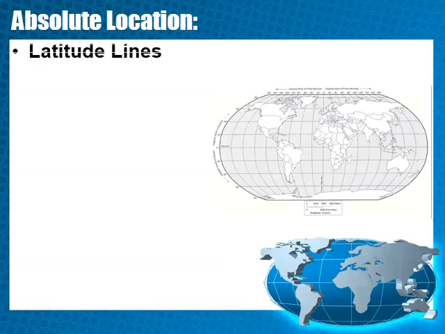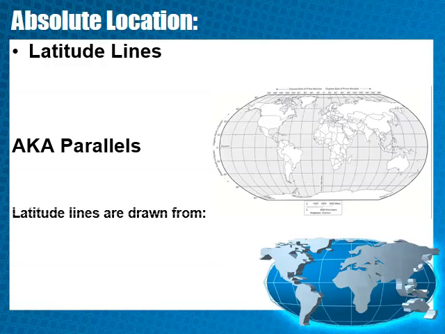Absolute location uses latitude lines. They're also called parallels, and they are drawn from east to west. So I want you to think about your compass. If this is north, this is south, this is going to be west, this is east.